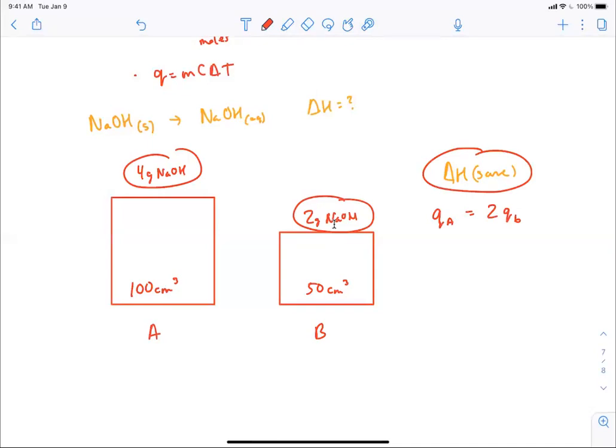But the masses of water are not the same. The mass of water in A is 2 times the mass of water in B.